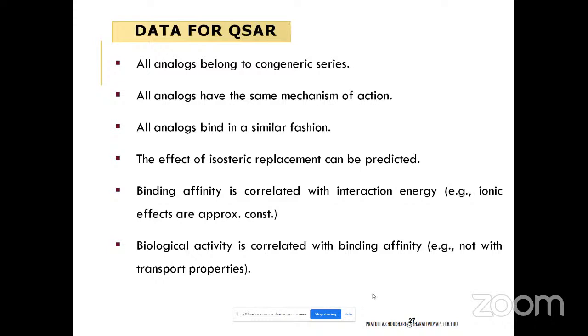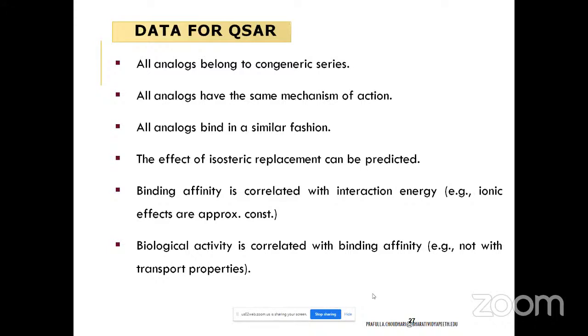So their activity pattern is the same, the mechanism of action is the same, but the binding is different, and their physicochemical properties are also different. So we can't put molecules of these classes into the same data set, because that may lead to false QSAR model generation, and false predictive ability.